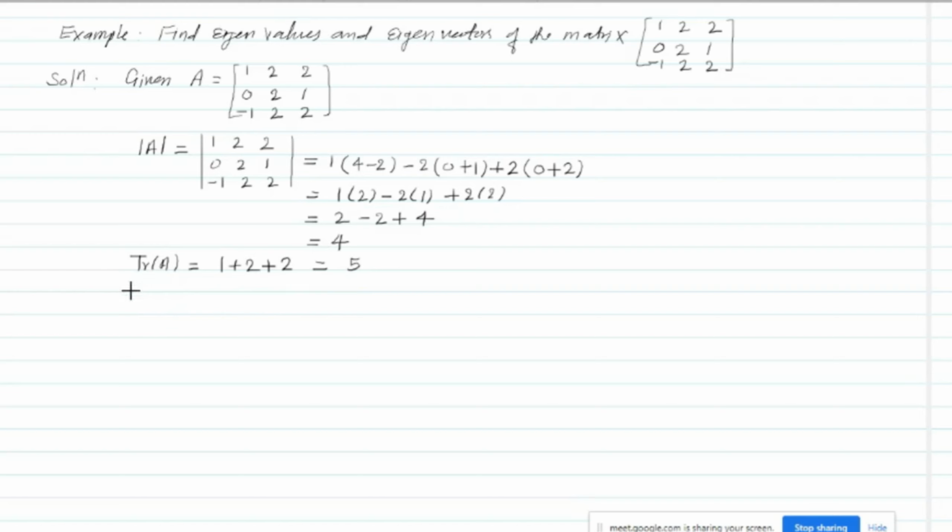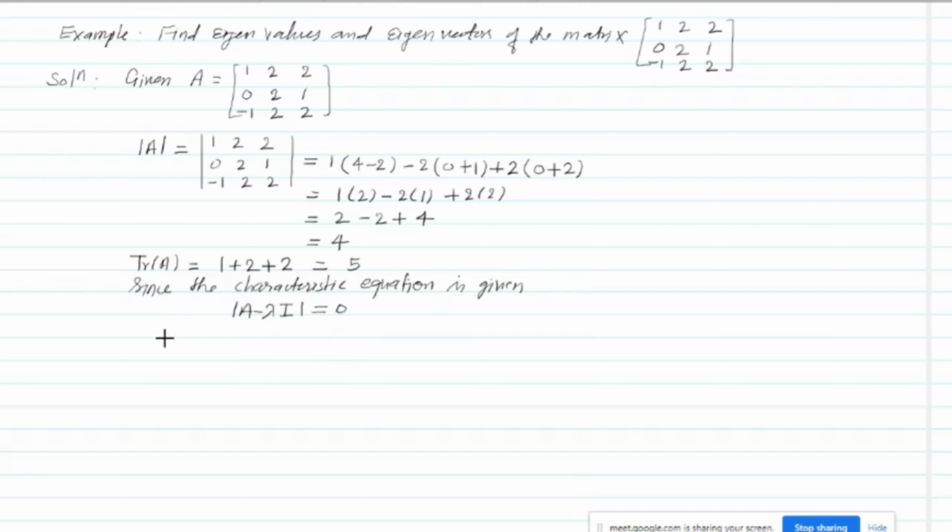The characteristic equation is given by the determinant of A minus lambda I is equal to 0. Here I is a unit matrix of order 3.